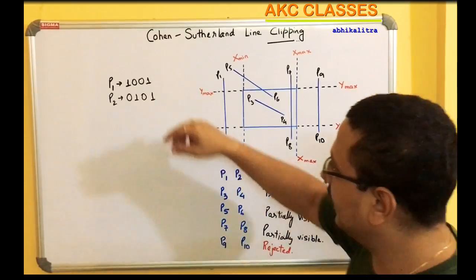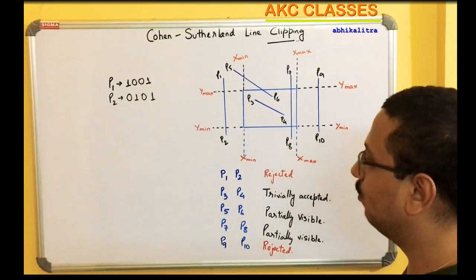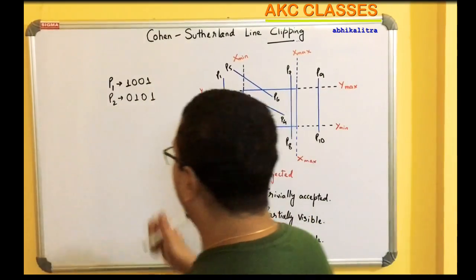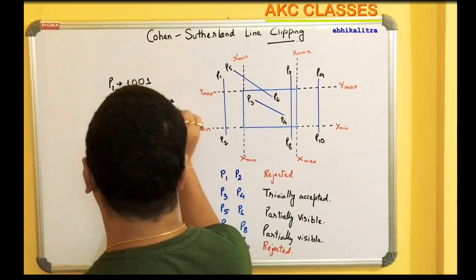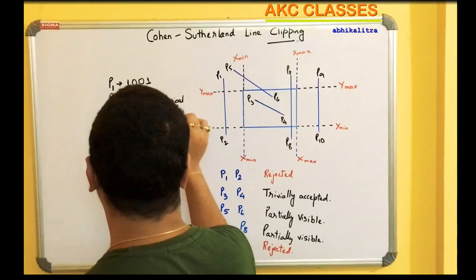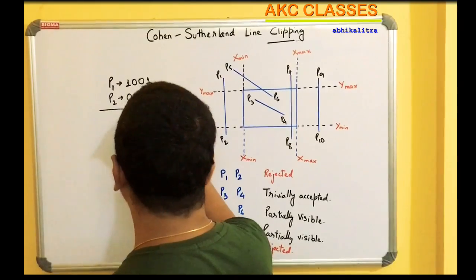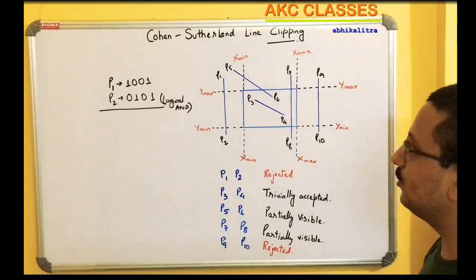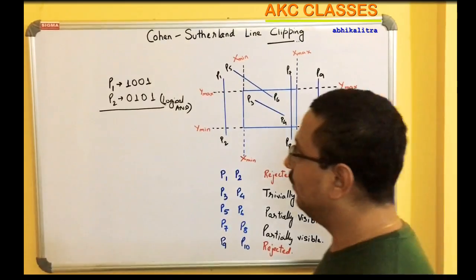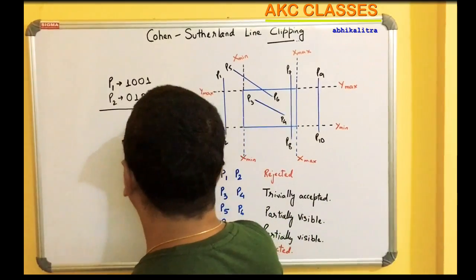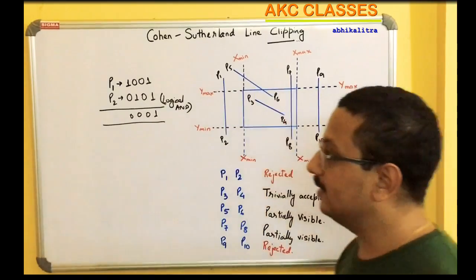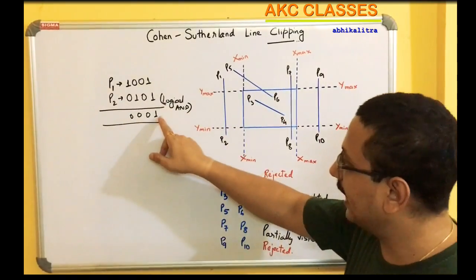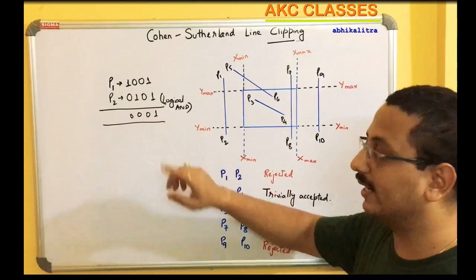Now if I see carefully these two region outputs, and perform a logical AND operation between these two binary streams, then what we get is this. That means we are not getting a value of 1.